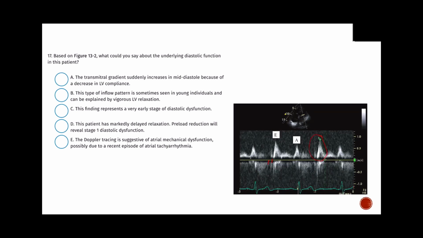But what's really interesting is what the heck is this wave here? Right? So I have an E wave, I got this random wave, and I have an A wave. Yeah, so this is called your L wave. So this is in mid-diastole during diastasis.